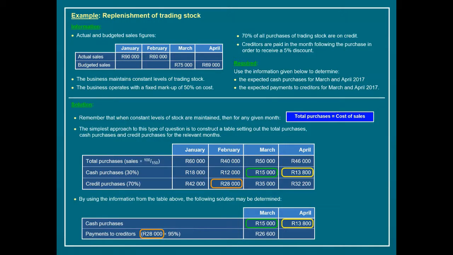Similarly, for April, we take March's credit purchases and multiply by 95%. So it's 35,000 times 95%, which results in 33,250 Rand.